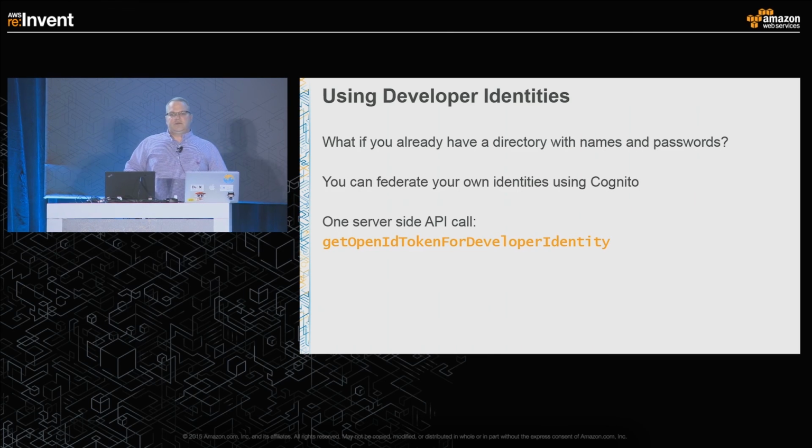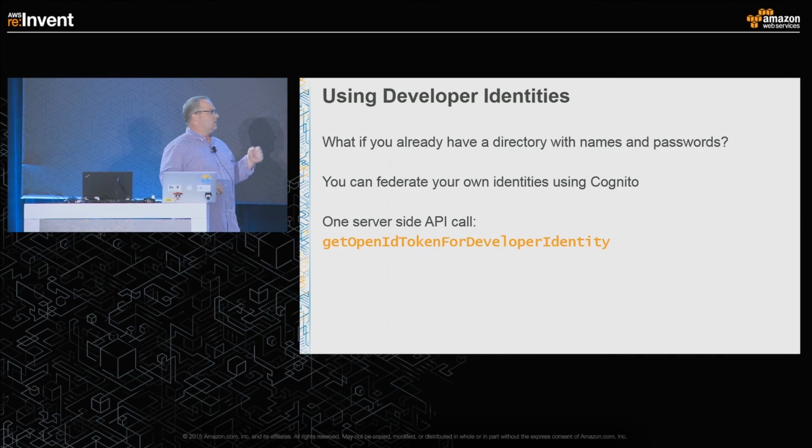But a lot of customers who aren't necessarily mobile developers want to use Cognito for their own identity purposes, right? And chances are, if that's the use case, they're going to have their own database filled with usernames and passwords. So how do you actually make your user database trusted by Cognito? And the good news is it's one server-side API call.